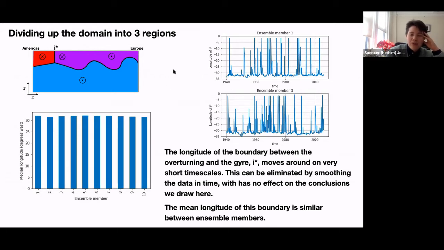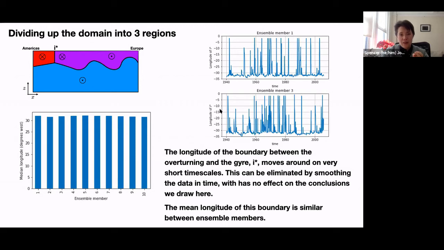The location of this boundary is not super well defined. There are moments when it's impossible to find a location that divides the western boundary from the gyre, because often there's too much southward transport in this region. That's what causes this spikiness in the location.